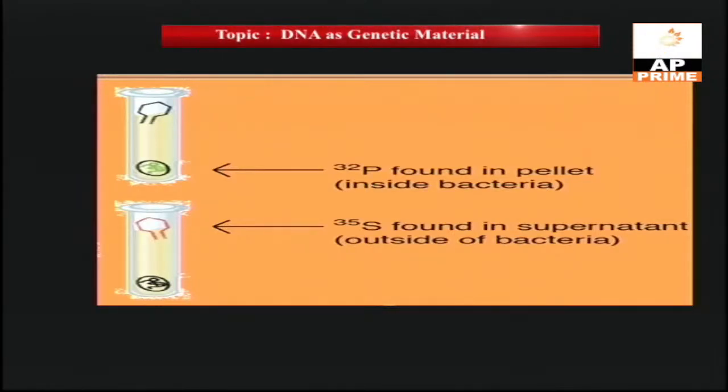That means radioactivity was inside the bacterial cells. But in case of viruses that were treated with sulfur-35 radio-labeled viruses, radioactivity was outside the host cell. That means after centrifugation, smaller viruses remained in the supernatant, but the bacterial cells formed at the bottom of the centrifuge tubes.